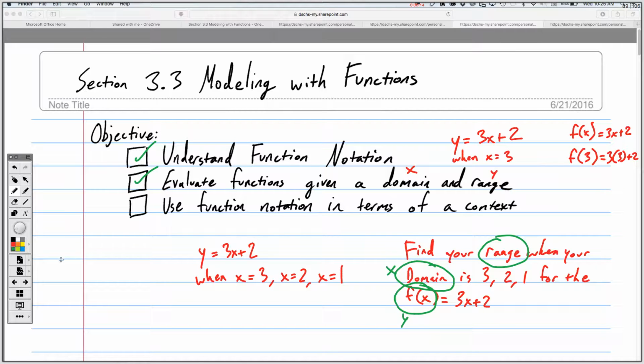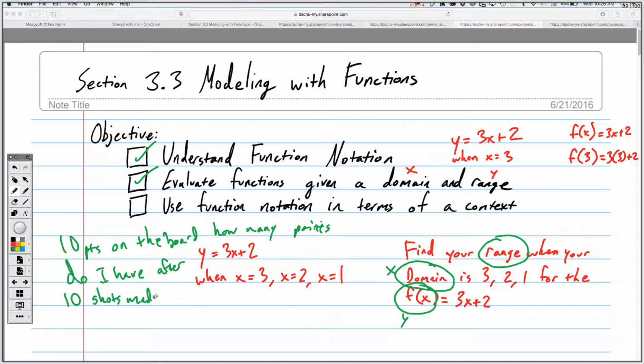So maybe if I'm playing basketball and I have 10 points on the board, how many points do I have after, let's say, 10 shots made that are 2-pointers? 2-point shots, so not 3-point shots.